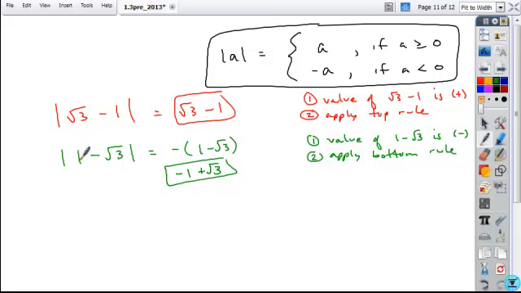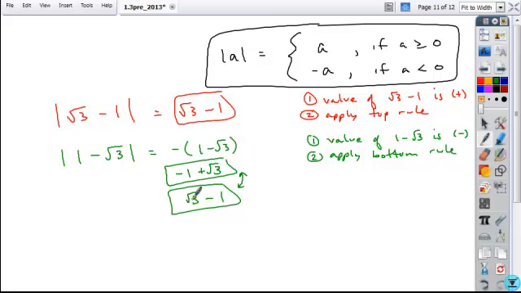So if I change a 1, it becomes a negative 1. And change the negative root 3, it becomes a positive root 3. I would write it in this form. Both of these are the exact same thing. It really doesn't matter which one you choose, but I will tend to use this bottom form, and just basically switch the terms, keeping the negative between them.